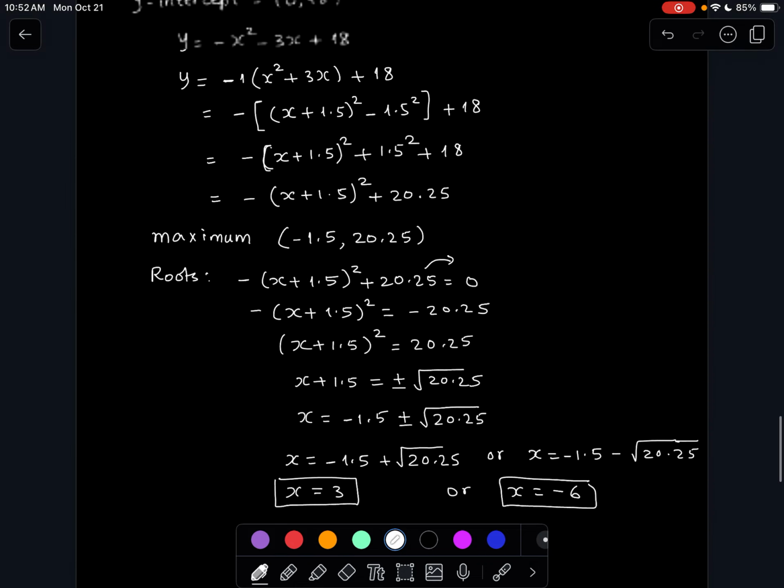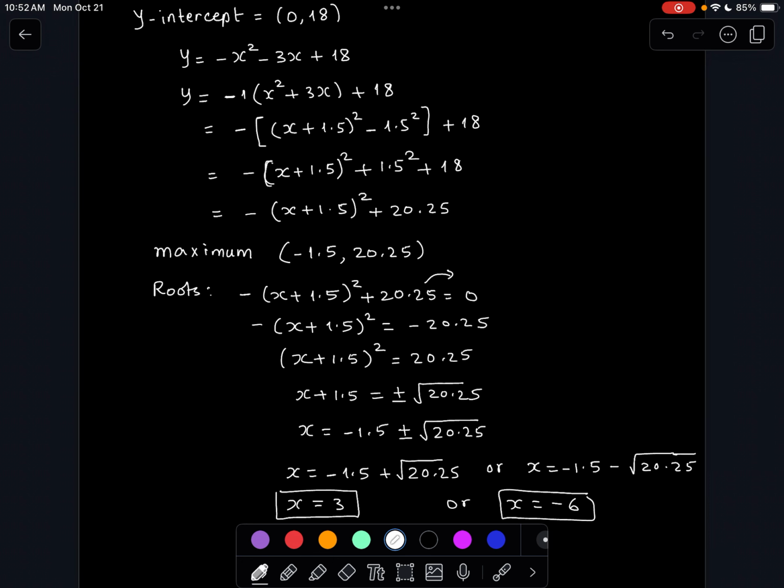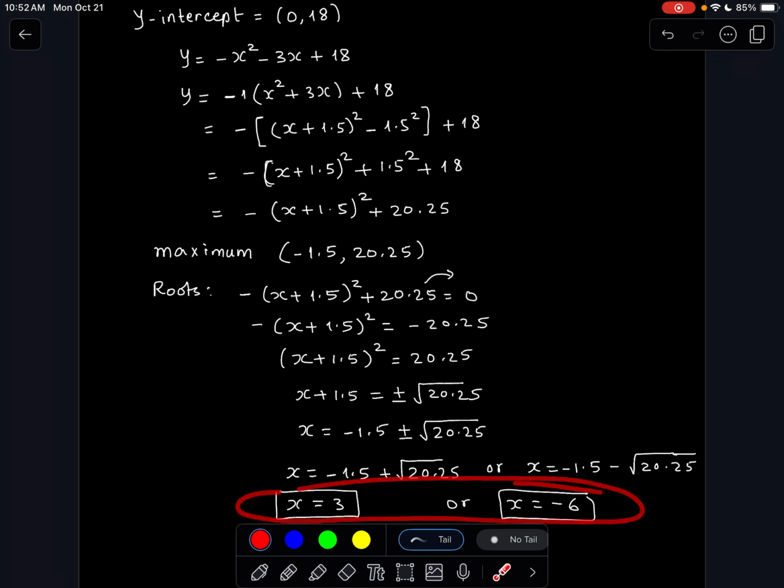Alright, now that I have everything I need, that means the roots, which I calculated right now, the y-intercept and the maximum point, I can go ahead and sketch the graph.